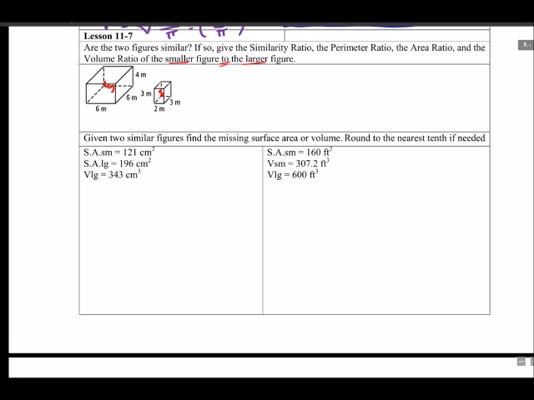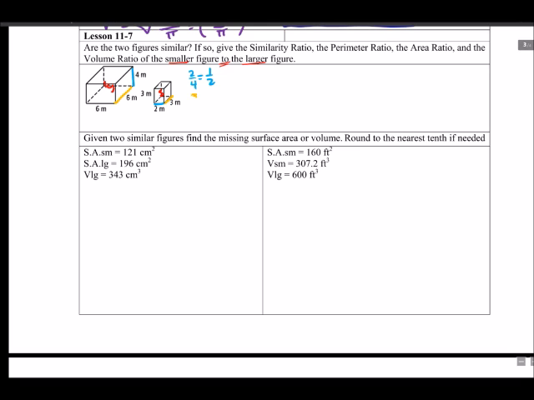So we first need to decide, are the two figures similar? Well, I need to compare all of their lengths. So we have 6, 6, 4, and 3, 2, 3. I am going to say the best bet here is to start with the small pieces and do a 2 to 4, which reduces to 1 to 2. And then I'm going to look at this side.